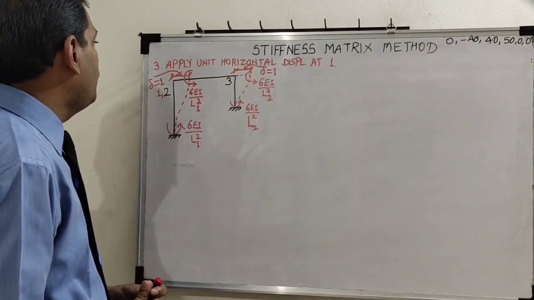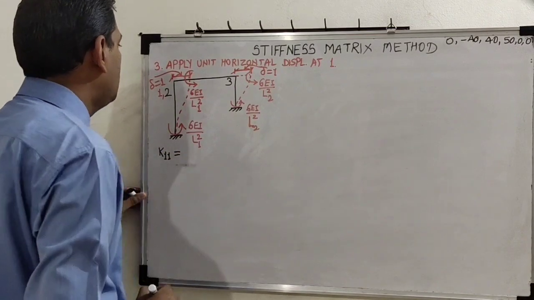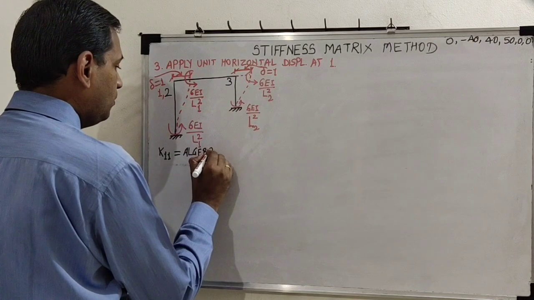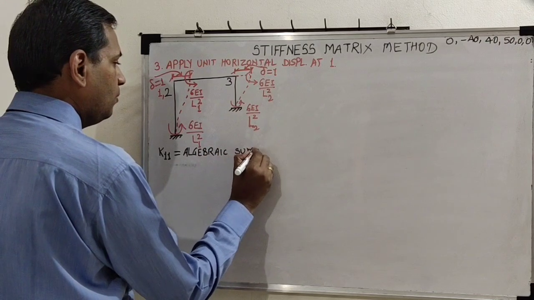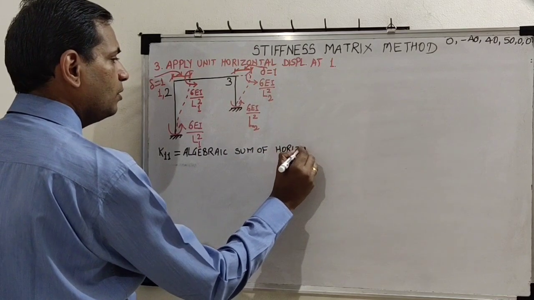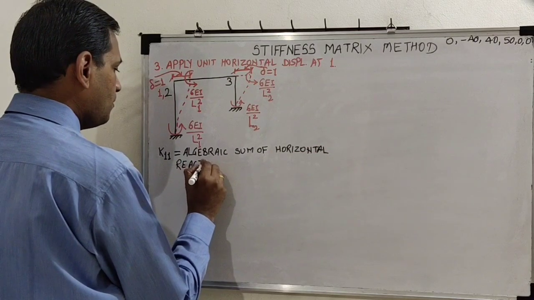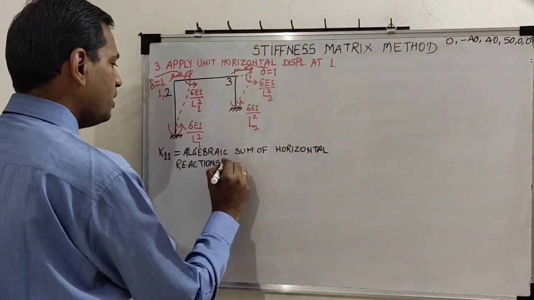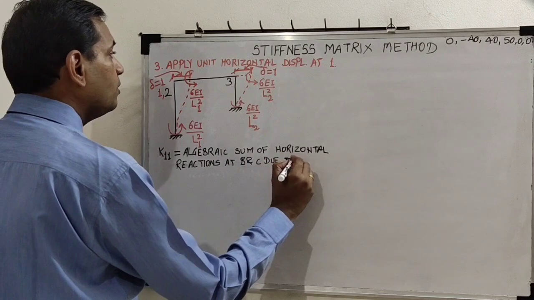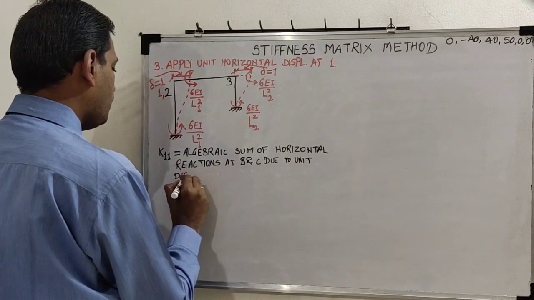So what will be your K11? It will be the algebraic sum of horizontal reactions at B and C due to unit displacement of 1.